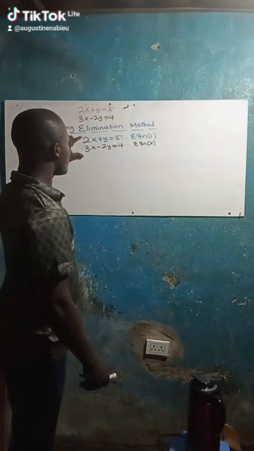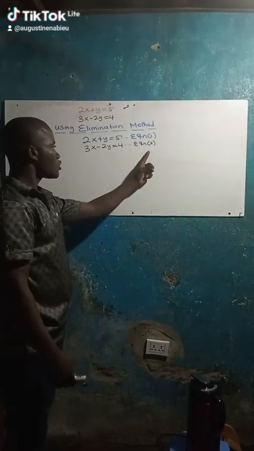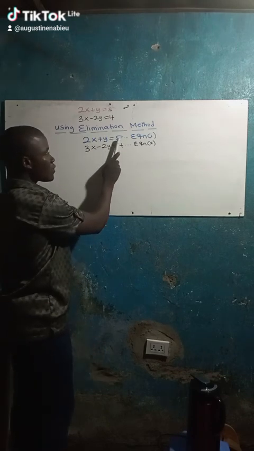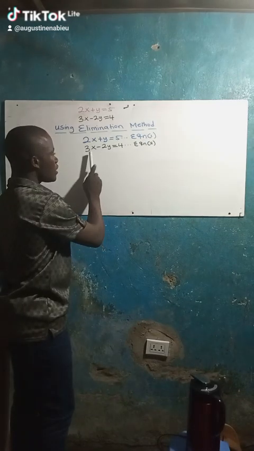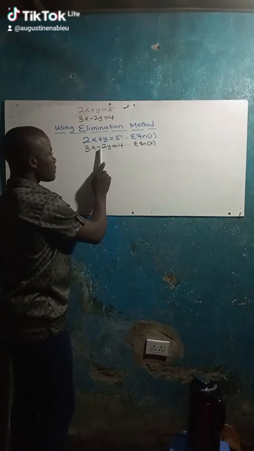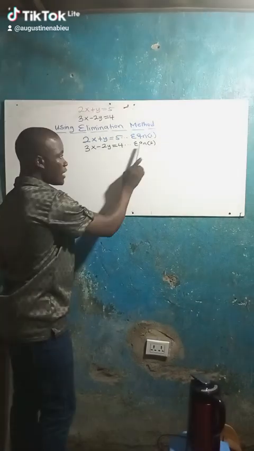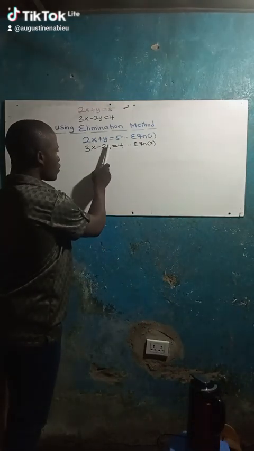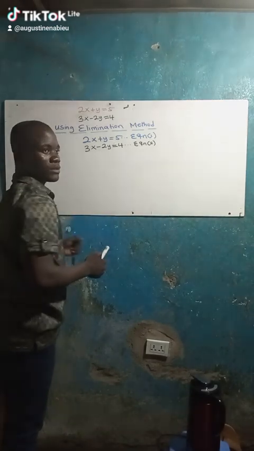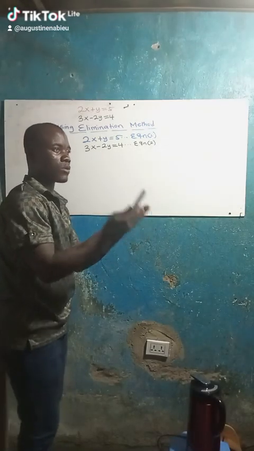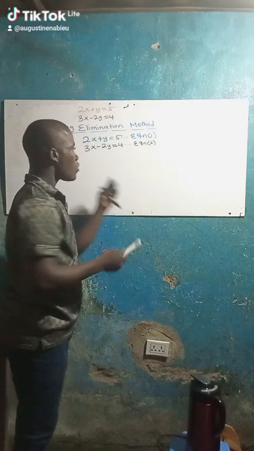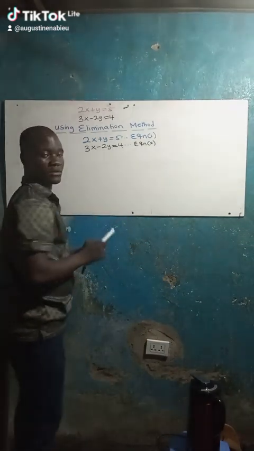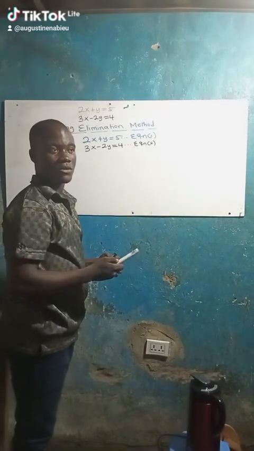In equation 1, we have 2x plus y is equal to 5, and in equation 2, we have 3x minus 2y is equal to 4. Now, I have x and y in the two equations. Which one do I want to eliminate?